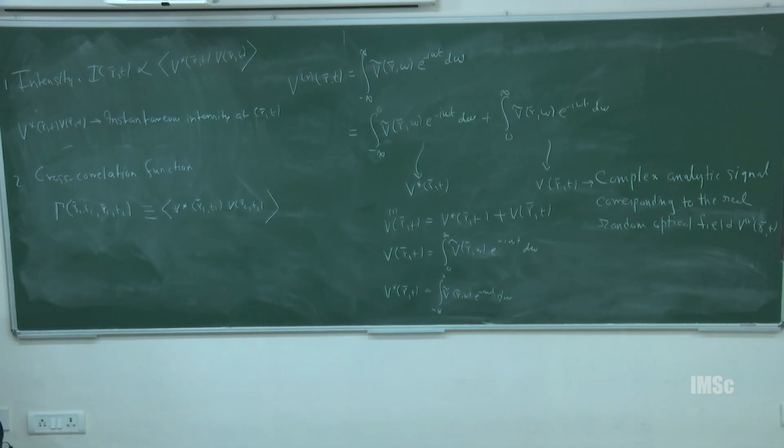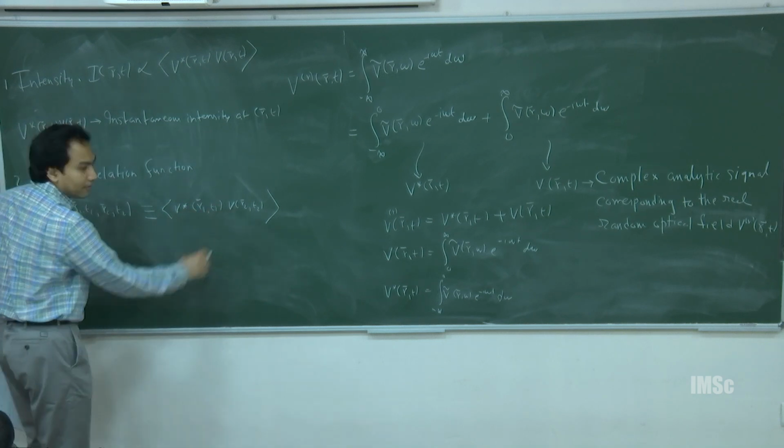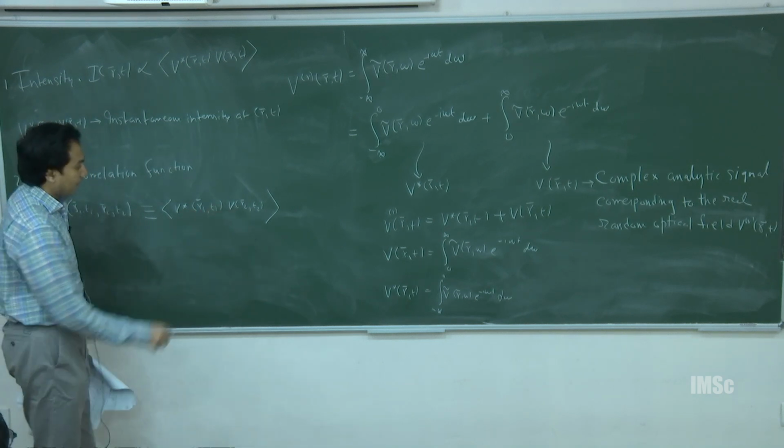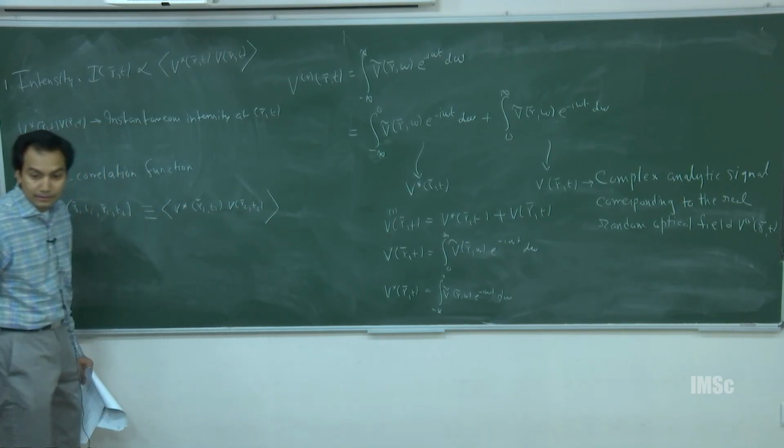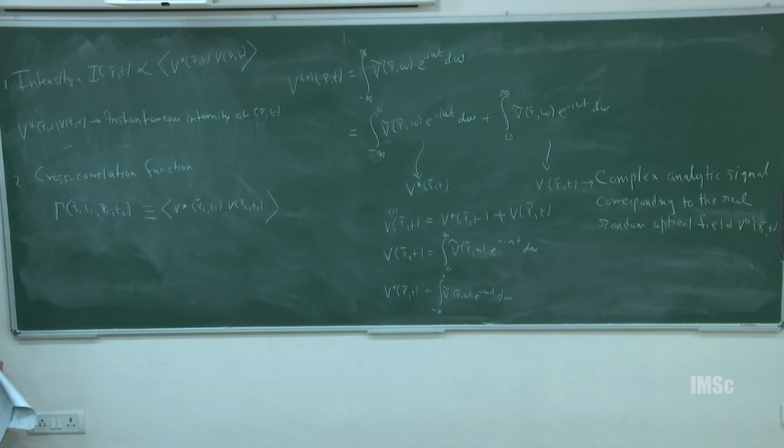It's called cross correlation because you measure how the field is correlated at two different space-time points, how the field at r1 t1 is correlated to the field at r2 t2.